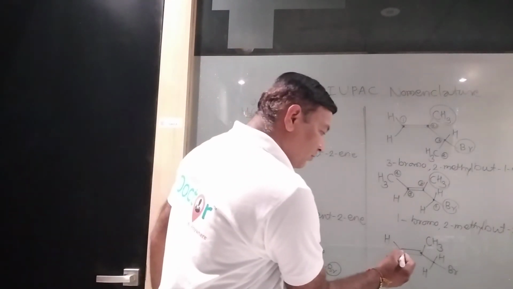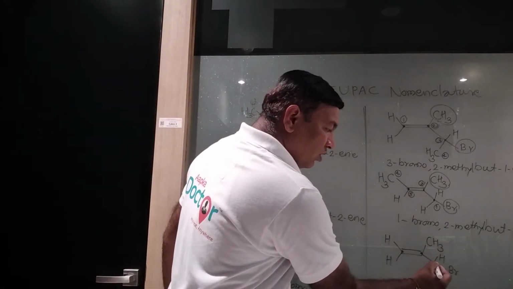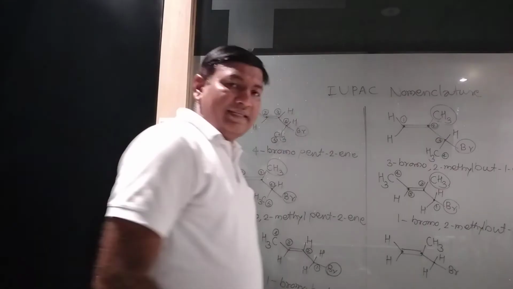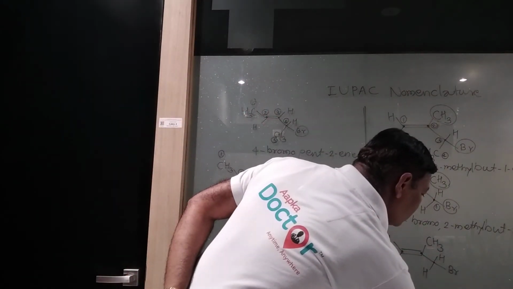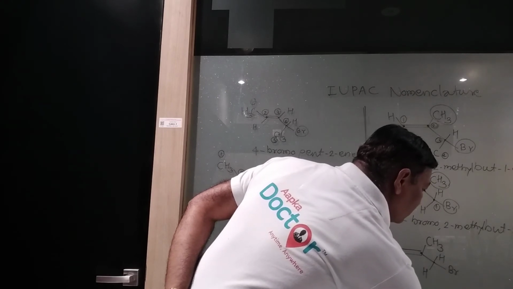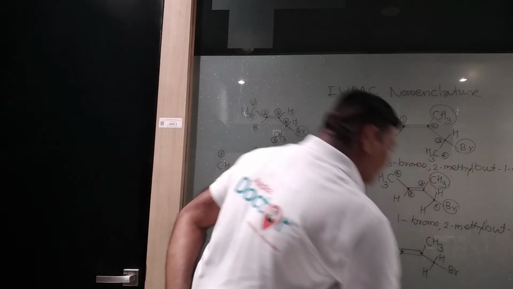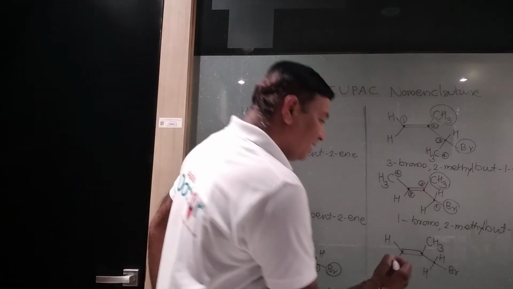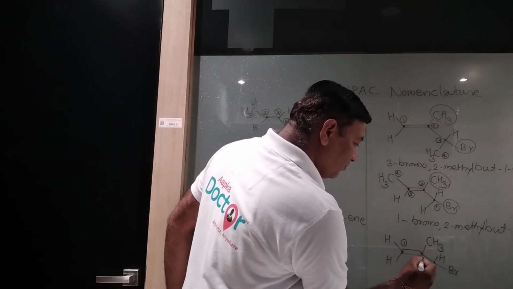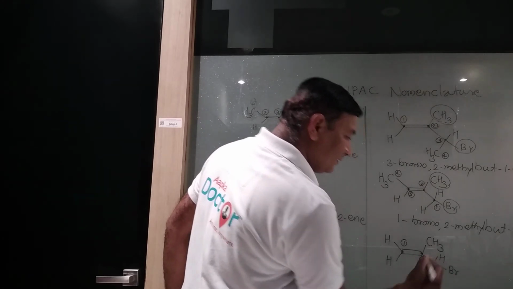Here the alkene is at number 1 and bromo is also at number 1. Preference is for the alkene. So propane or propene, prop-1-ene. This is the parent alkene, prop-1-ene, and numbering from this side 1, 2 and 3.